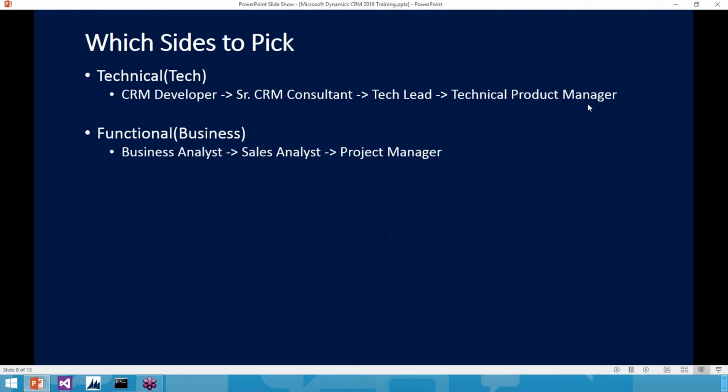Again, don't take this for granted. It will completely depend on your hard work. So this is a possibility. You can be in a very good spot, provided you know the system well, provided you implement the system in a good way.